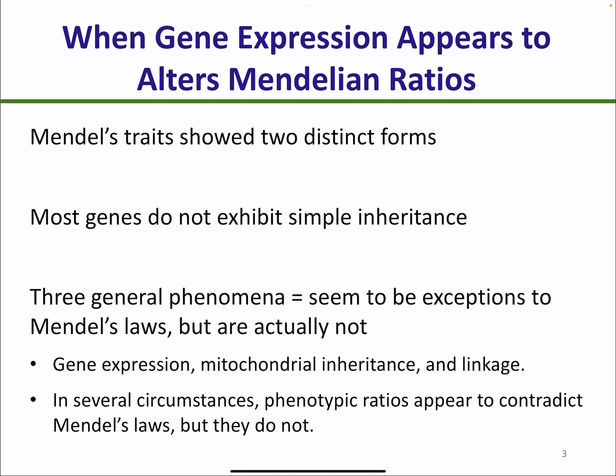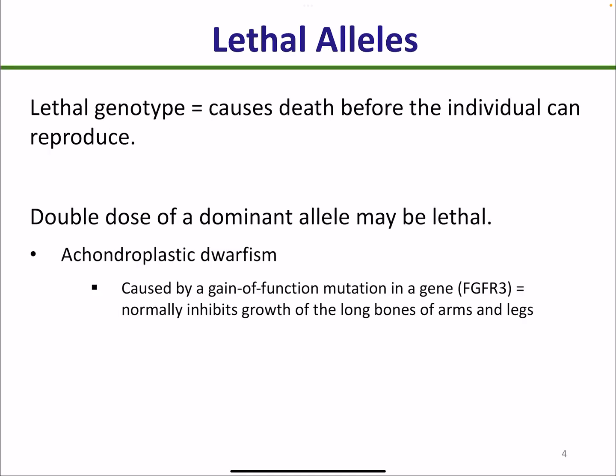These are actually the rules, right? We're going to take a look at gene expression, mitochondrial inheritance, and linkage. In several circumstances, phenotype ratios appear to contradict what we learned in the previous chapter with Mendel's law. But in reality, no, because these laws are still going to apply regardless.